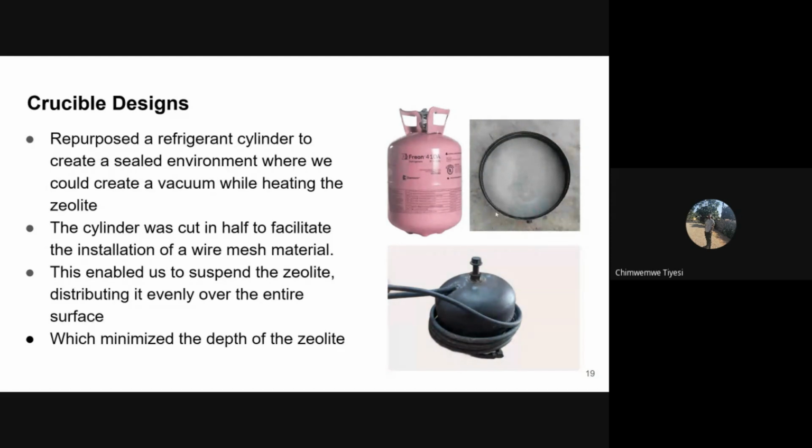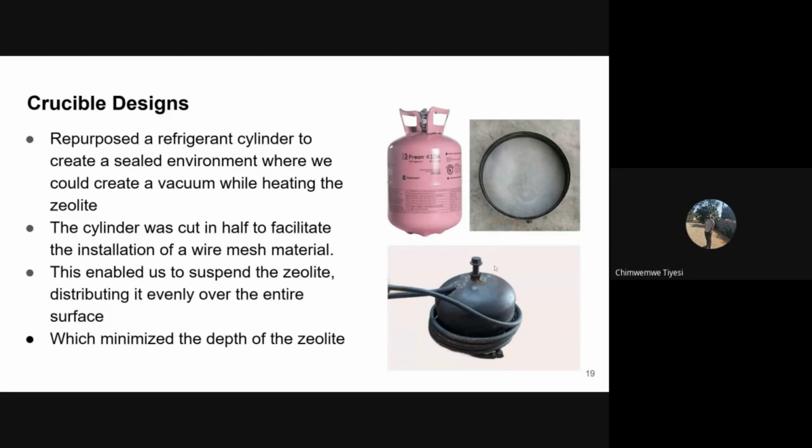The cutting and installation of the wire mesh enabled us to suspend the zeolite, distributing it evenly over the entire surface. This helped to minimize the depth of the zeolite, and any moisture released from the lower layers of the zeolite was reabsorbed by the zeolite above it.